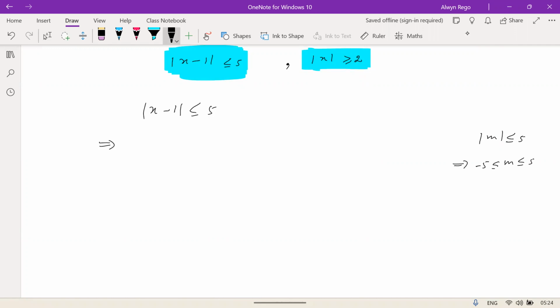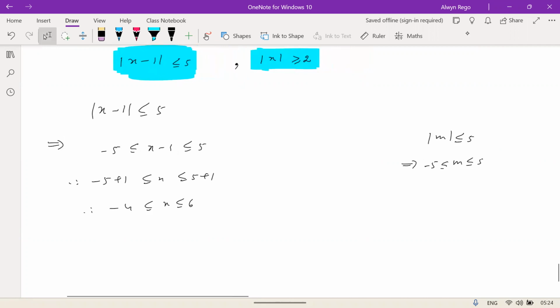Therefore, x minus 1 must stay more than or equal to negative 5 and less than or equal to 5. Therefore, minus 5 plus 1 is less than or equal to x, less than or equal to 5 plus 1 here. Therefore, you find that minus 4 is less than or equal to x, less than or equal to 6. This is the first component. When you look at the first component of the system, this is how the values should be.